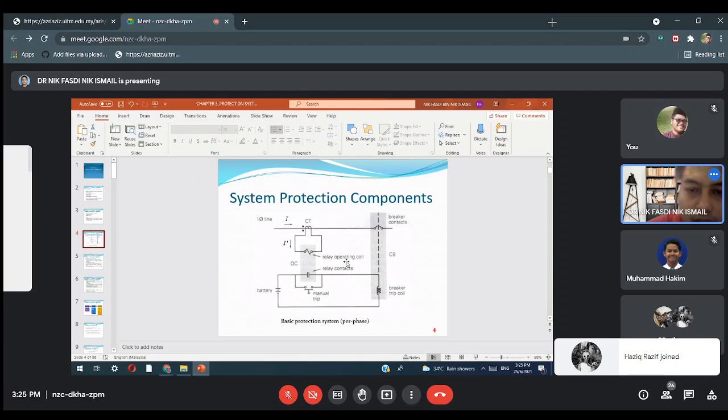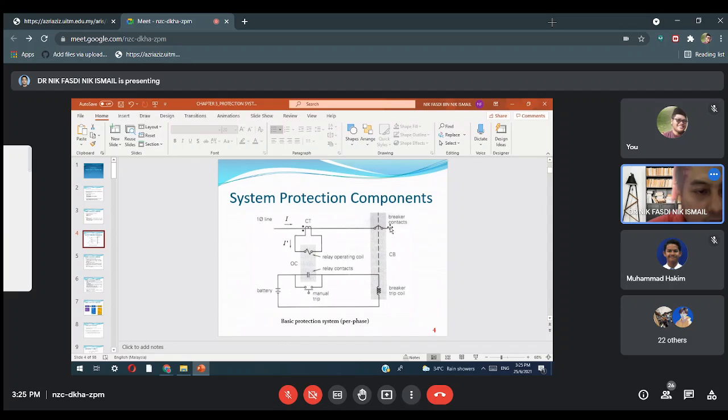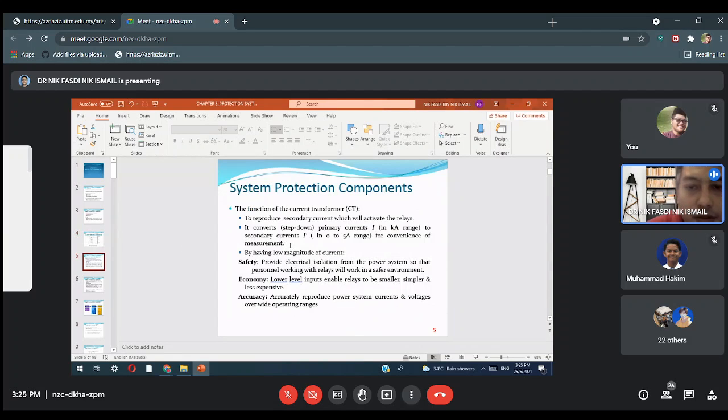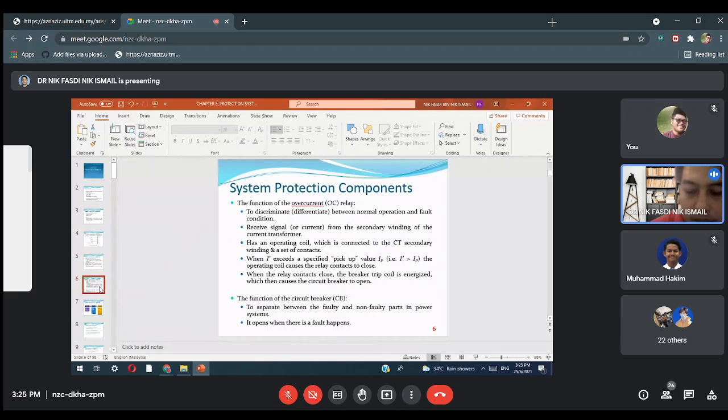When it turns on the coil, its contact will close. When it closes, it will turn on this breaker coil and the breaker coil will open. So this is normally open and this is normally closed. That is the concept. Okay. Understand? This one I will not explain because I already explained it to you all.